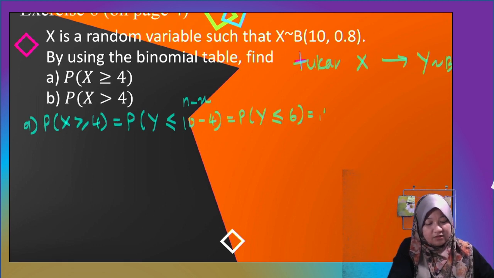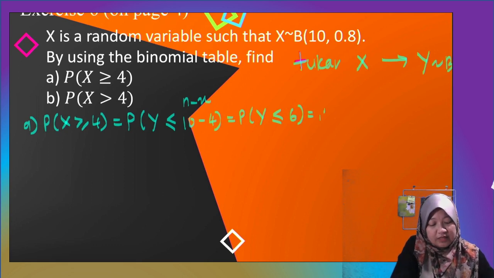Okay. So, macam mana kita nak tukar ni? Y less than or equal to 6. So, kita ambil 1 minus probability Y greater than or equal to 7.